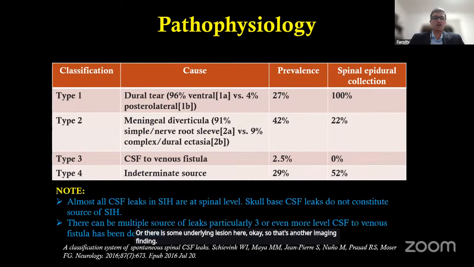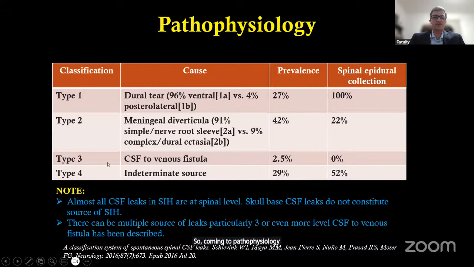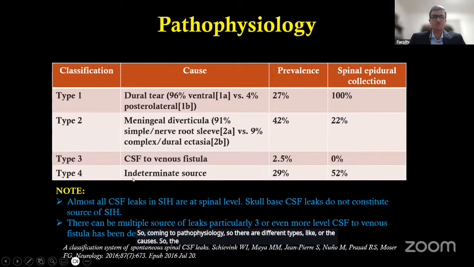So coming to pathophysiology, there are different types or causes. Type 4 is more like an indeterminate source, where no matter what imaging you do, you don't see where exactly the leak is happening. Okay. Types 1, 2, and 3 have a specific cause.